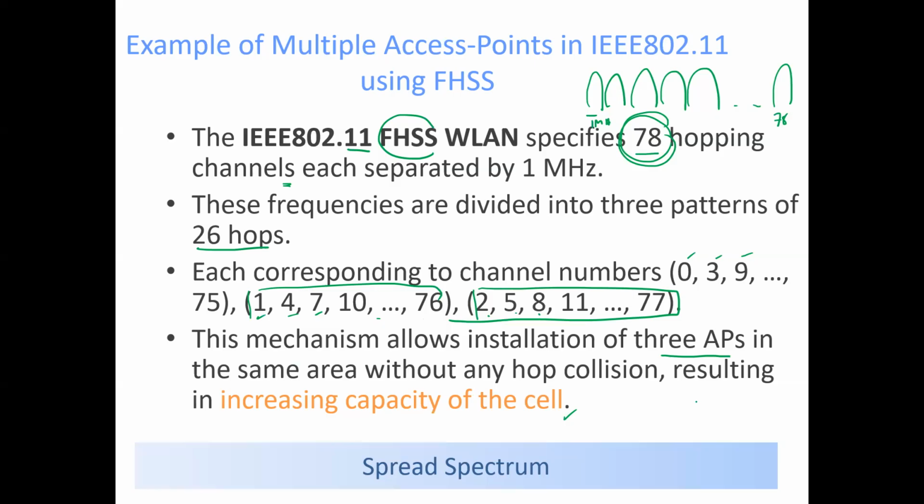But if there's a big event and many people come, we need to increase the number of users. Increasing capacity in this sense means increasing the number of users without interference to each other.